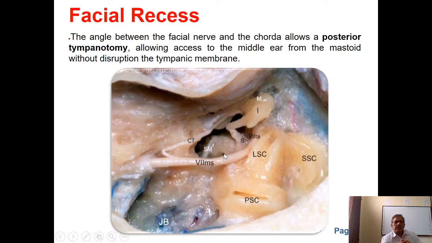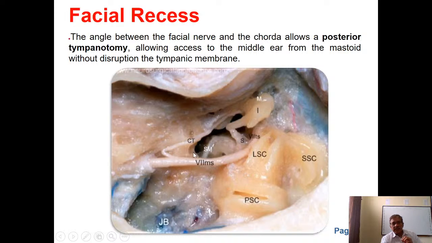And this is the round window, which is covered by the secondary tympanic membrane. So this must be the chorda tympani. See, it's a little displaced. That is the chorda tympani, which is coming from the facial nerve before the facial nerve emerges out of the stylomastoid foramen.